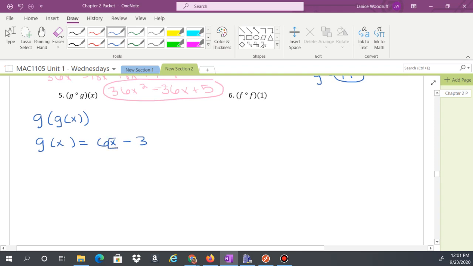So we are plugging in this x, our g of x function, because we have g of x. So g of x is going to be 6x minus 3 again. So for g of x, we have 6 times our g of x function, 6x minus 3, and then minus 3 comes down.